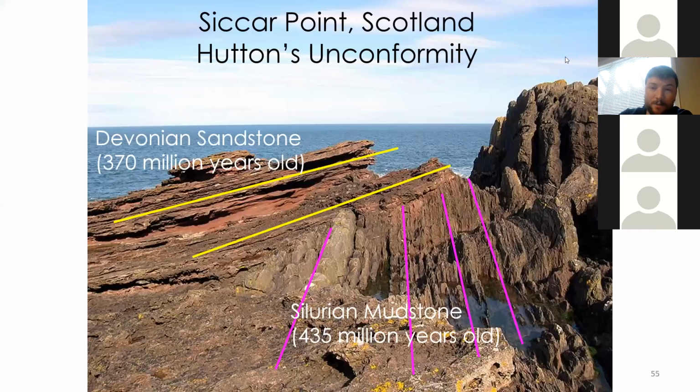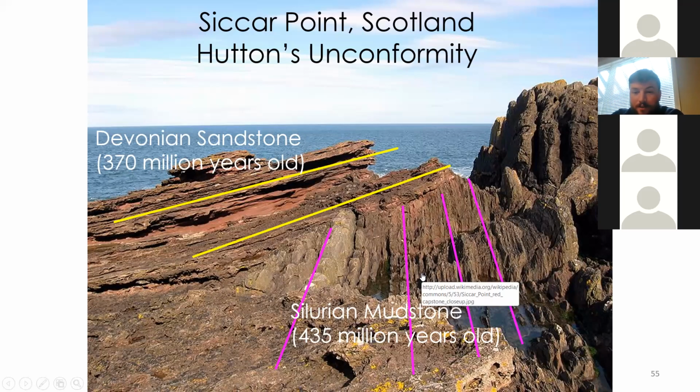And this goes back to what James Hutton was studying in Scotland. He saw these rocks at different angles. So he inferred that these rocks had to be deposited horizontally, some force tipped it over, and then new stuff was deposited on top of it. So this formation that's almost vertical, that's Silurian.